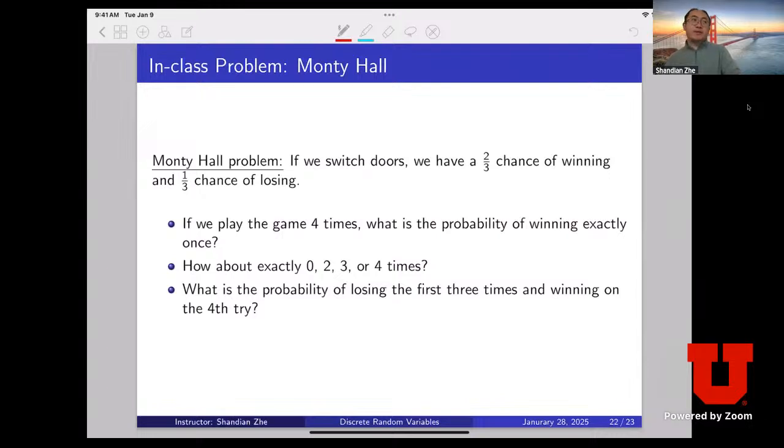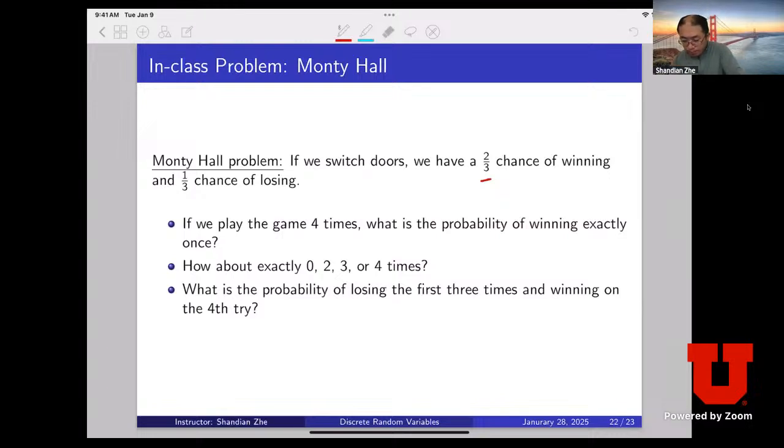Switching means when you pick gate 1, and the host picks gate 3 and shows a goat, you then decide whether to switch to gate 2 or stay on gate 1. Let's assume we always choose to switch to gate 2. We have analyzed that before, so our decision leads to a 2/3 chance of winning the car.